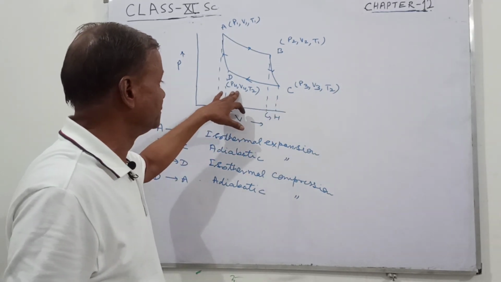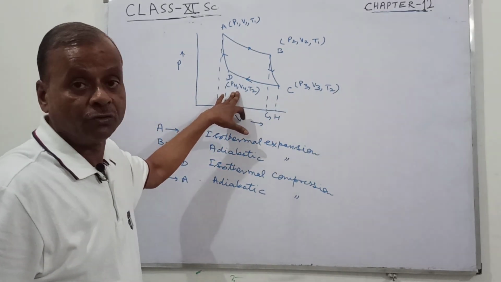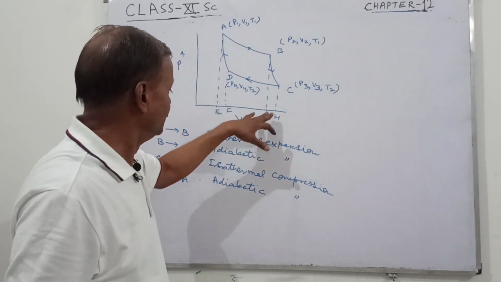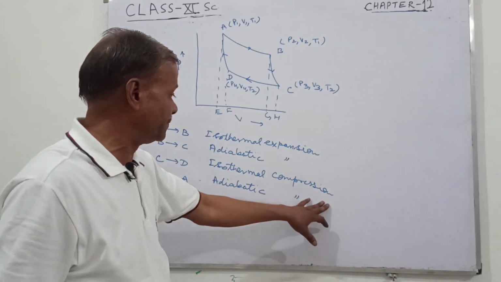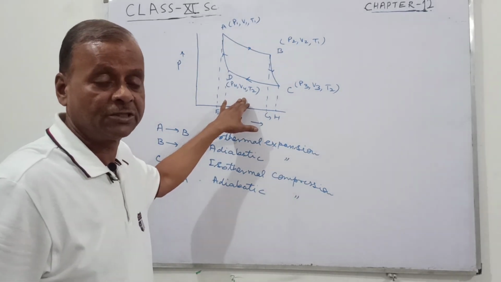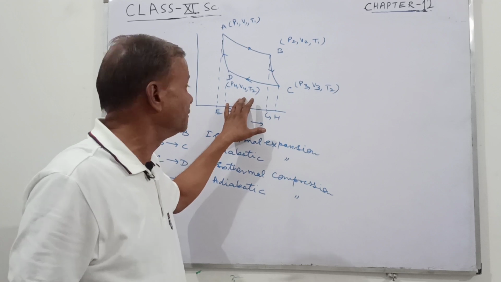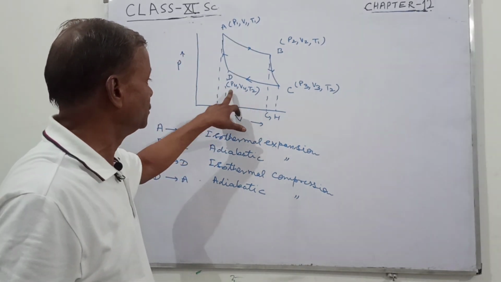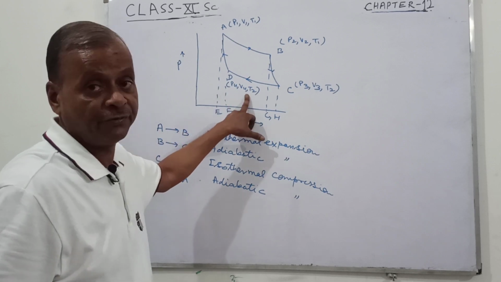And this is again taken in contact with the sink. Here the system is allowed to compress, the temperature will increase, and therefore the heat which is produced will be rejected to the sink, and the temperature will remain T2 and pressure will be P4 and V4.